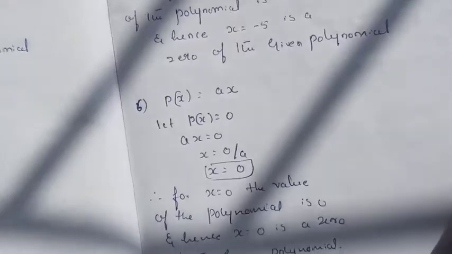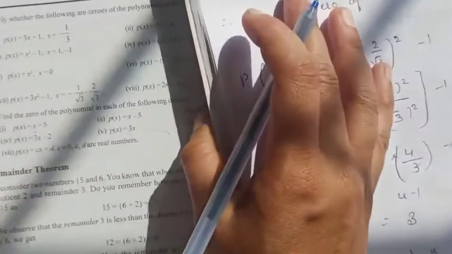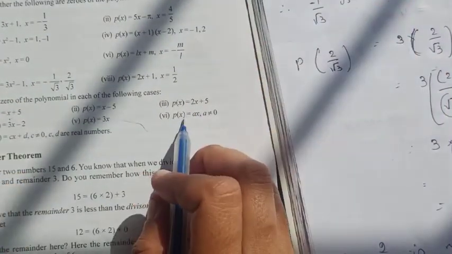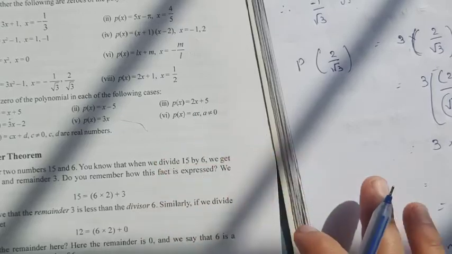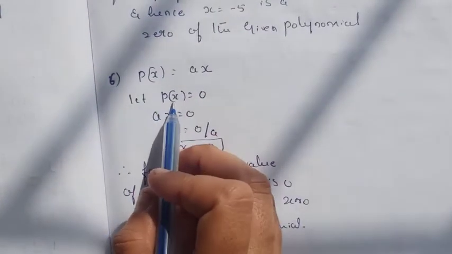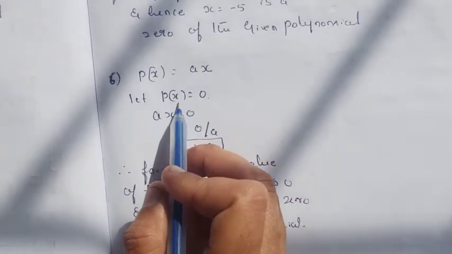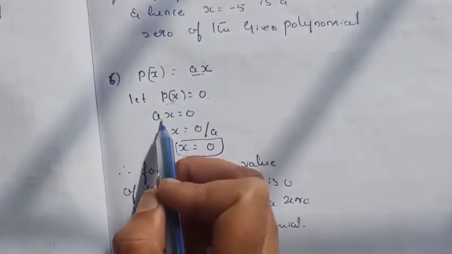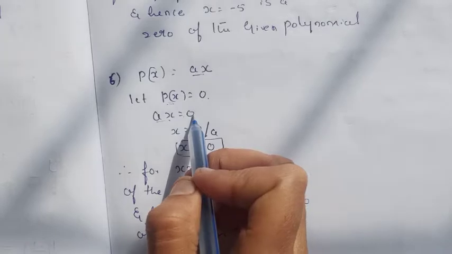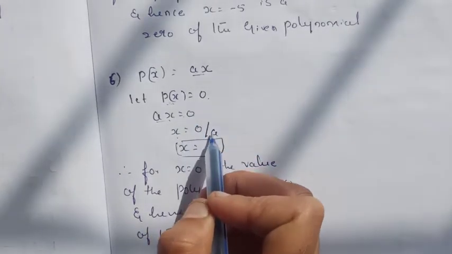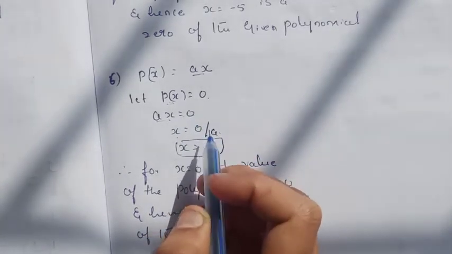And the next question is the sixth one. Move to the sixth question, that is p of x equal to ax. The first step is to take p of x equal to 0. In the place of p of x take ax. Ax equal to 0. X equal to 0 by a. 0 by anything is 0.